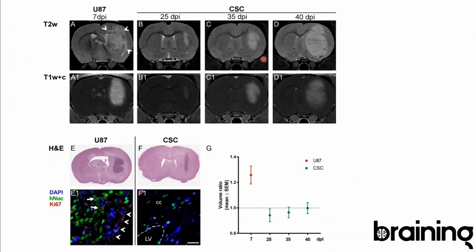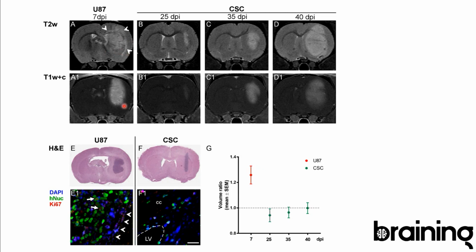In these pictures, you can see the in vivo magnetic resonance imaging. On the left, you see the commercial cell line. So basically, the animals in 7 days were needing euthanasia because the growth of the tumor was so fast that eventually you see several highlights here of brightness, which means strong edema, probably also inflammation, that eventually was basically providing a mechanical disruption of the hemisphere where the tumor was present, which eventually required the sacrifice.